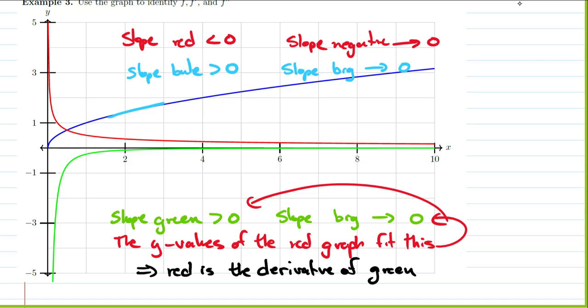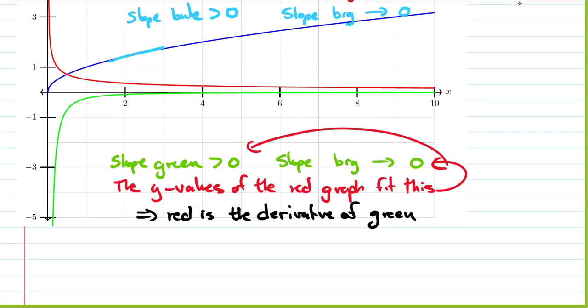So maybe then we had our initial guess wrong, right? Because they both fit. So we guessed that red was the derivative of green. But what could red also be? Red could also be the derivative of blue. So this one says that red could also be the derivative of blue. And only one of these can be right.